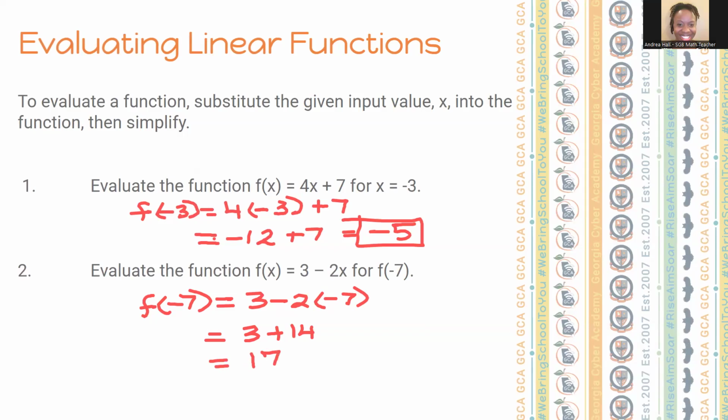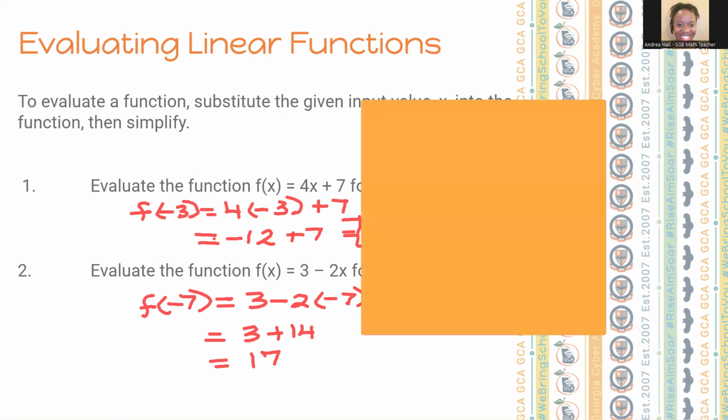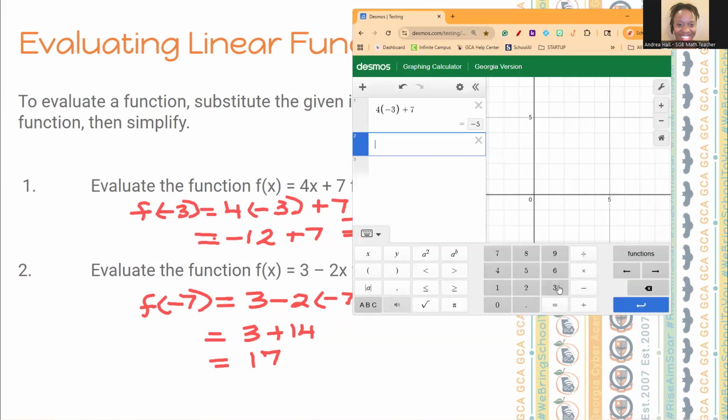Or you could get your calculator and put it in there. If you get confused with your positive and negative, use your calculator. And there you go, 17.